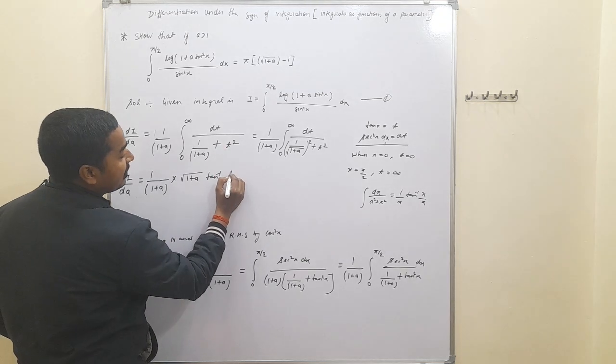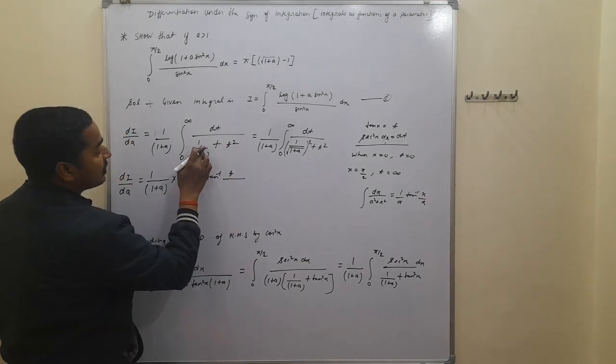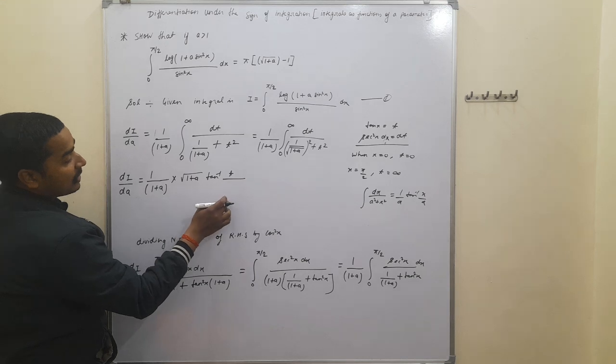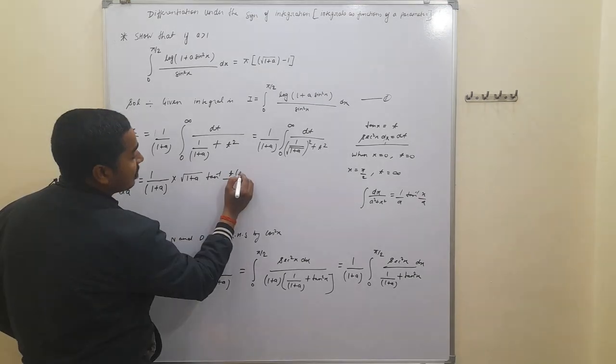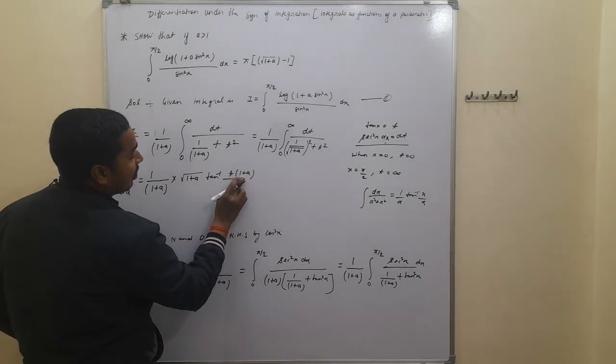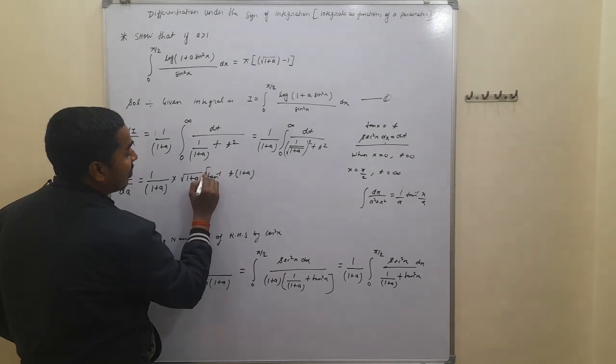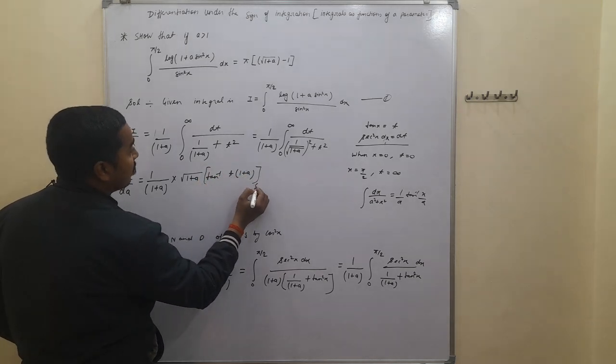Here x is t and x upon a is 1 upon root 1 plus a, so we have to write 1 plus a, and further we have to put the limit 0 to infinity.